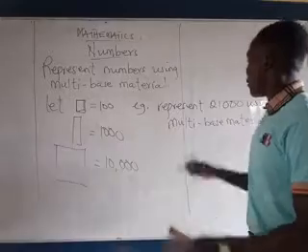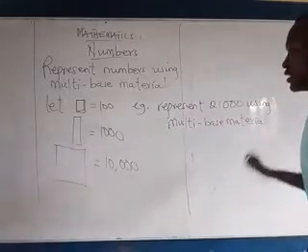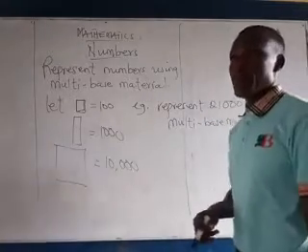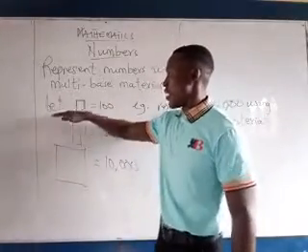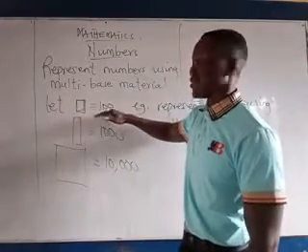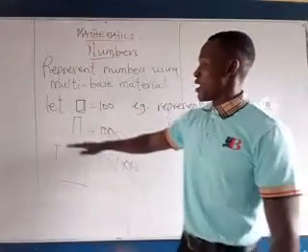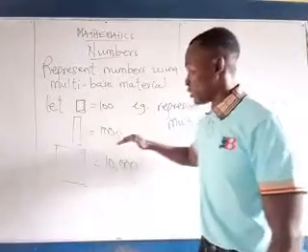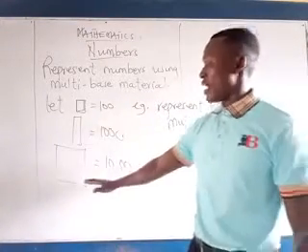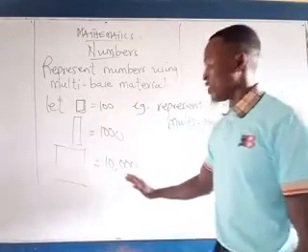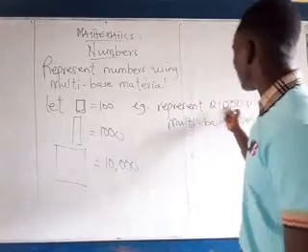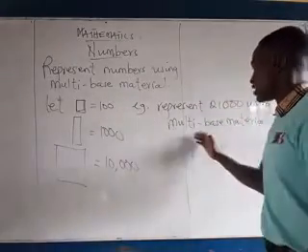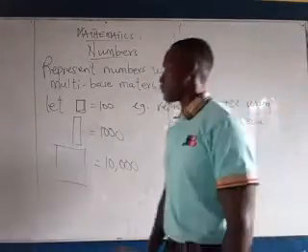Example, represent 21,000 using multi-base material. So now we know that our 1 cube is equal to 100. Our straight edge is equal to 1000. Then our flat surface is equal to 10,000. So we look at the question. Represent 21,000 using multi-base material.